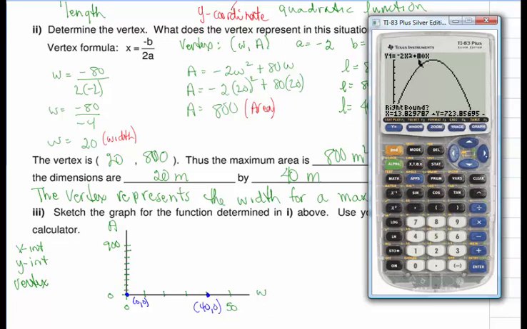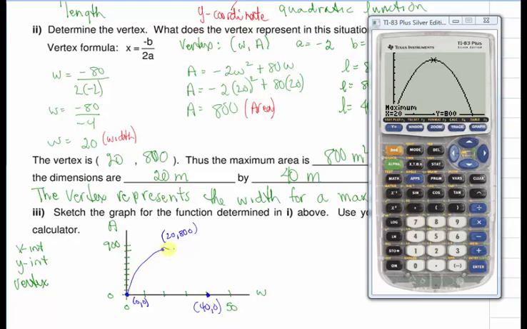Okay, enter, left bound. Enter and enter again. And we have, as you can see, a maximum at 20 and 800. So this is one way that you can verify your work also. Okay, so 20 is right here, 800 is right here. So here's our vertex, 20 and 800.